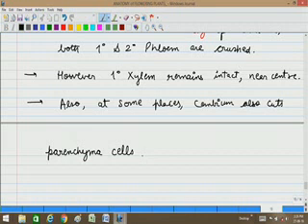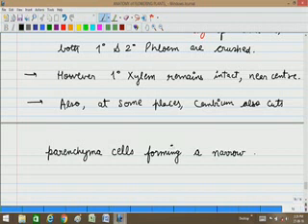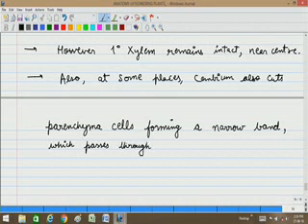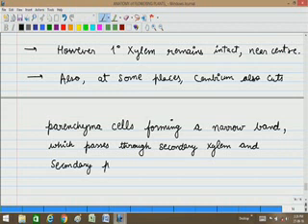Cambium cuts parenchyma cells forming a narrow band, which passes through secondary xylem and secondary phloem.